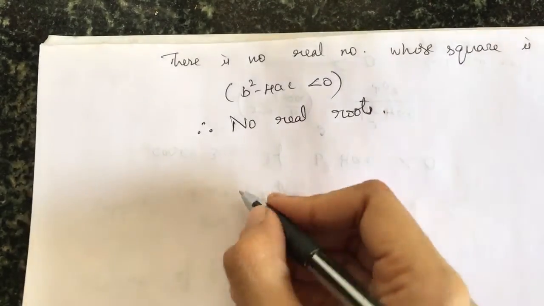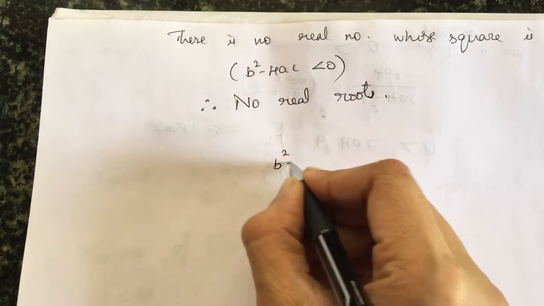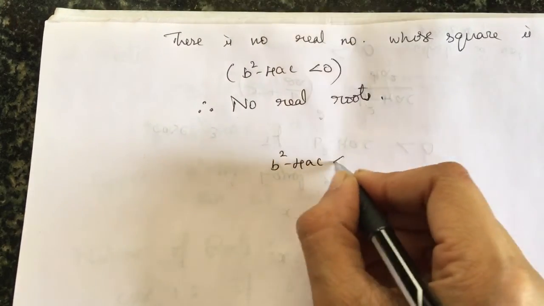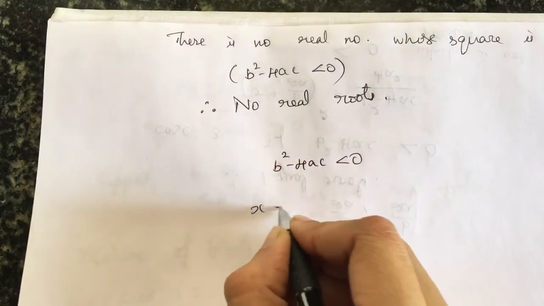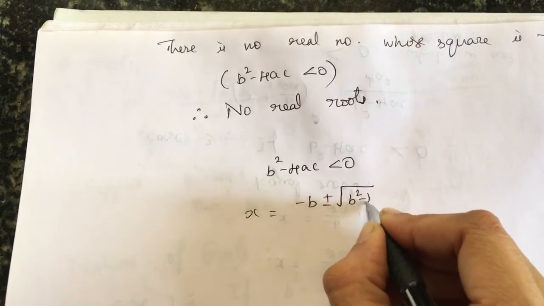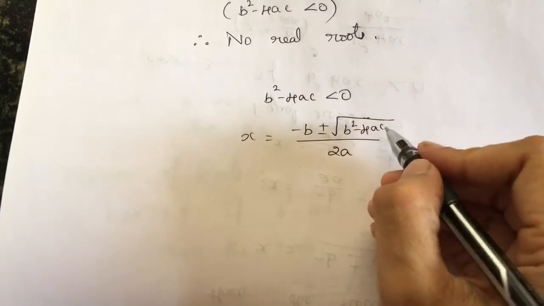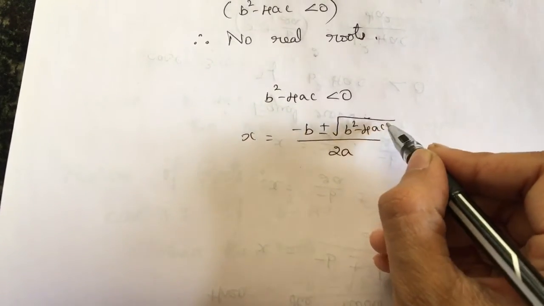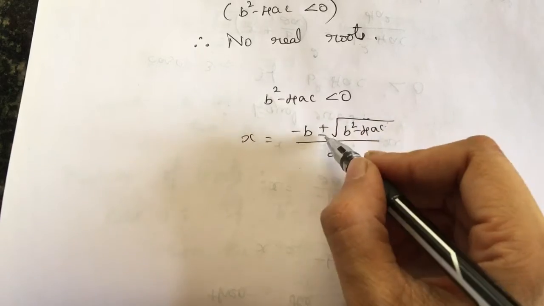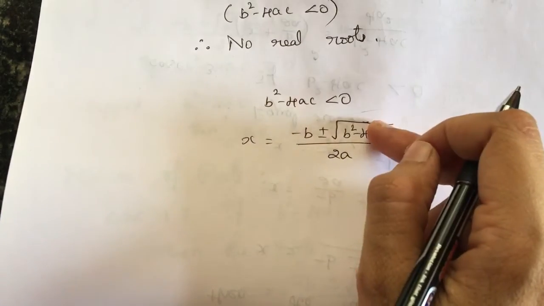I'll explain once again. When this is negative, the formula is this, root of b square minus 4ac by 2a. Now, if it's 0, no problem. If it is greater than 0, then we can write the square root of, suppose we are getting 15, square root of 15. No issues.